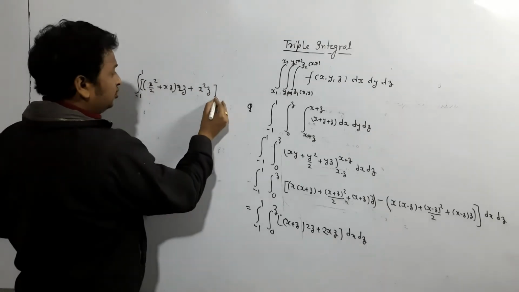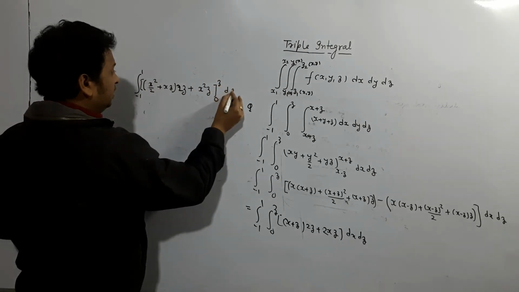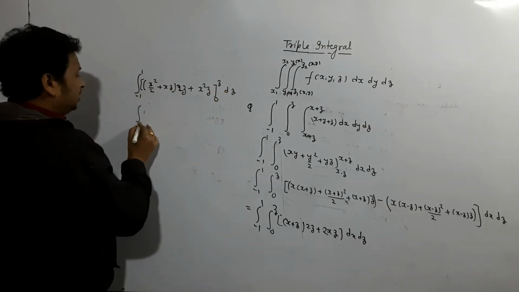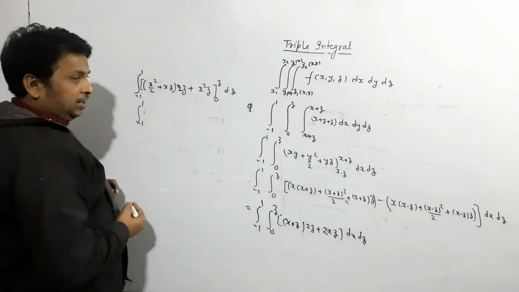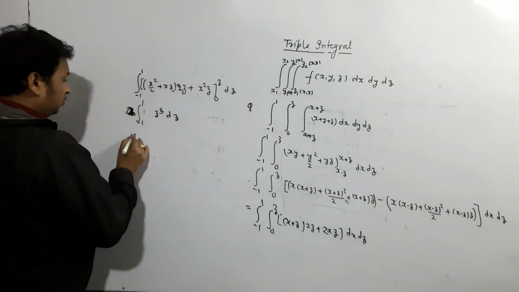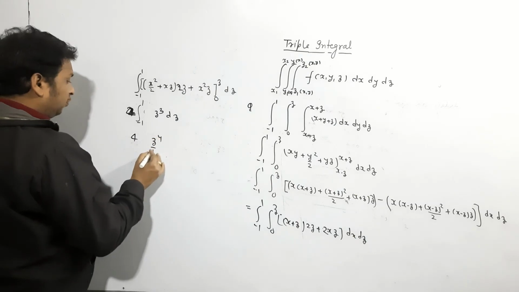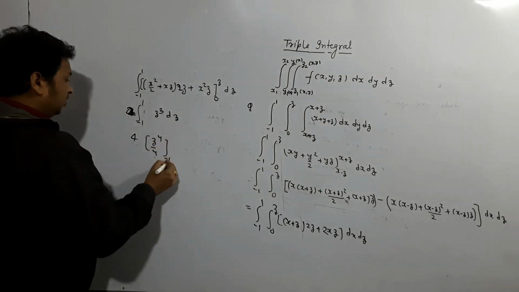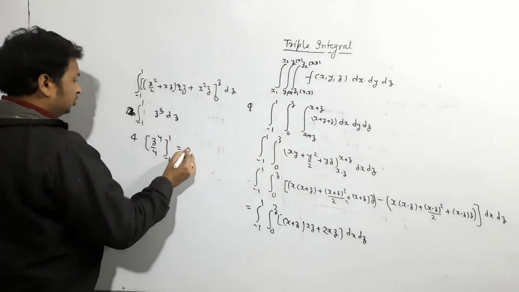What is the limit? 0 to z. This is dz. Now put the limit. 4 z power 4 by 4 minus 1 to 1, which is 0.